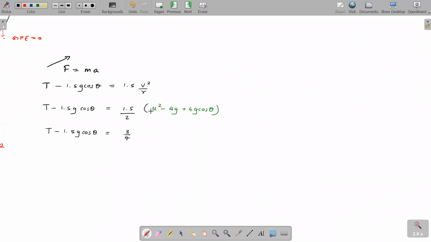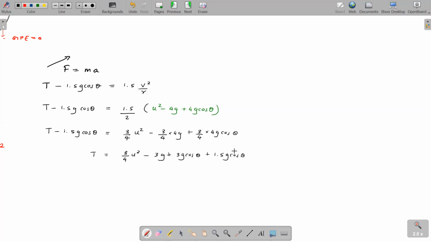So guys, 3 over 4 into u square minus 3 over 4 into 4g plus 3 over 4 into 4g cos theta. All right, so P equals 3 over 4 u square minus 3g plus 3g cos theta plus 1.5g cos theta.